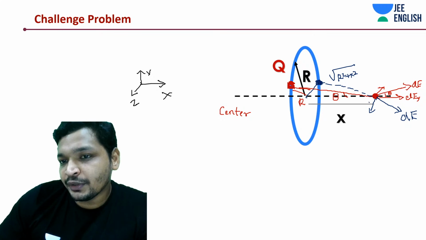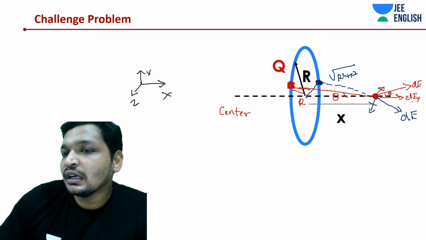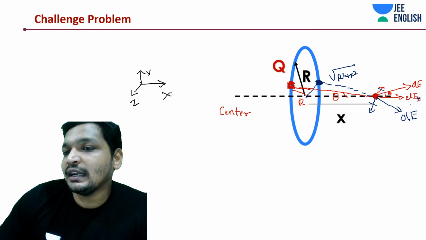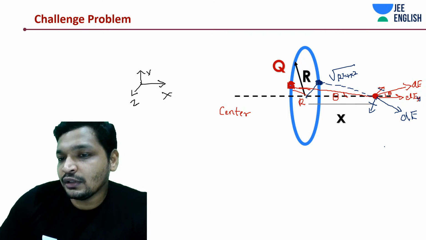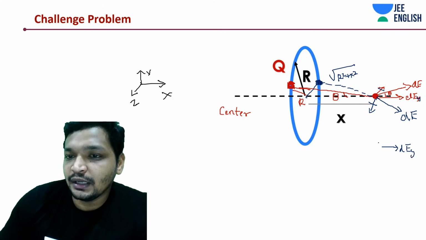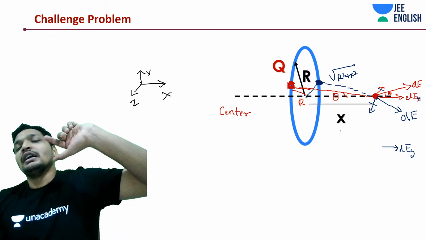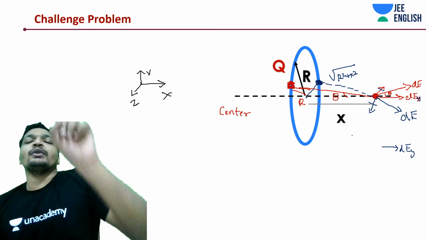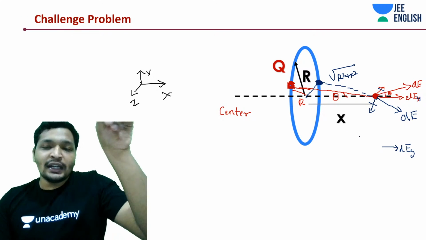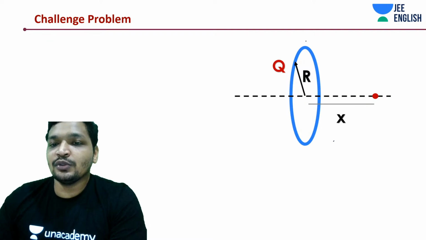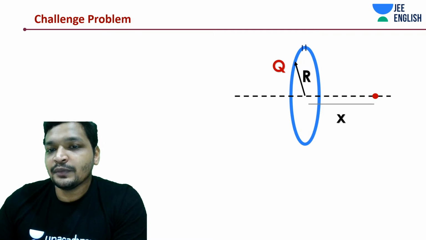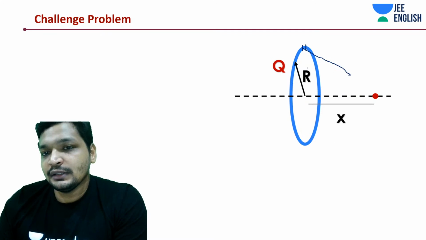It's a symmetrical component, so this and this get cancelled out, and another dEy would be added. If I write it down, I'll just resolve it over here. Any such element that you choose on a ring, there would exist a symmetrical component, one and only. So the best is to imagine these two components generally. It will be like this.